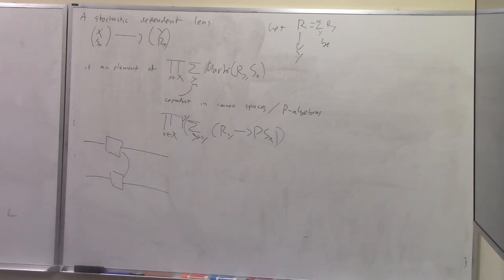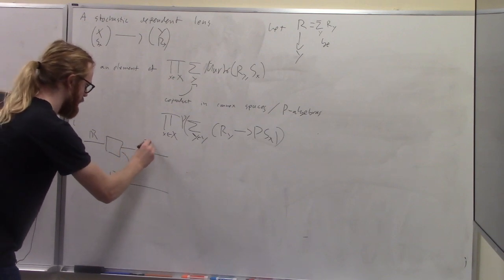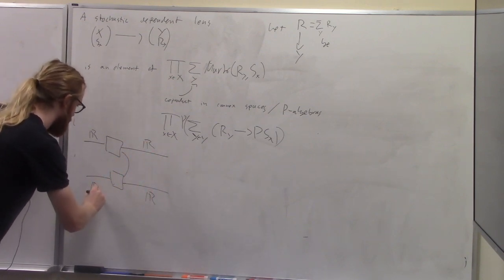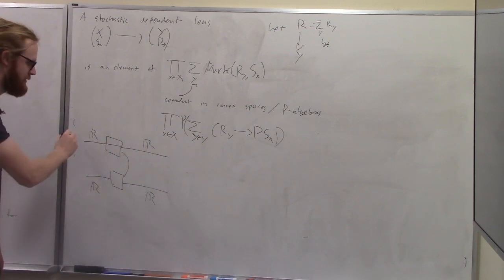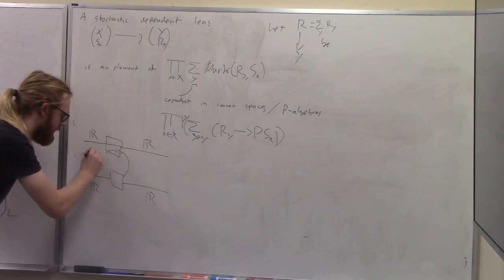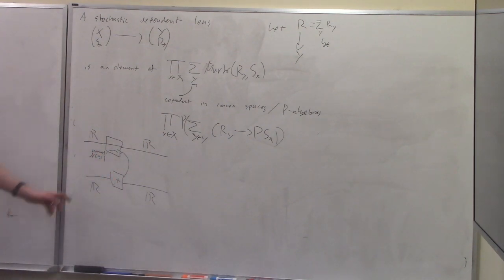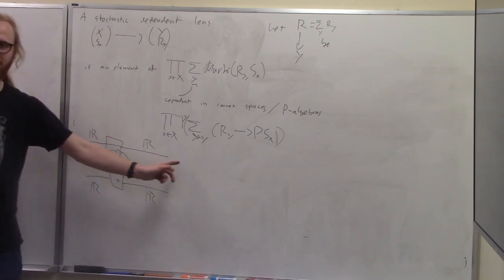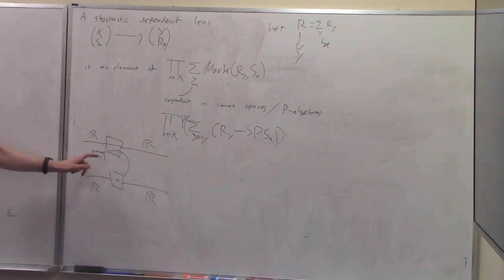Like if all these are real numbers, and this one just says output the identity, and this one is normally distributed, and this one is plus. This one says, in the forward direction you don't do anything, and then in the backwards direction you add a normal variable, some normal error.